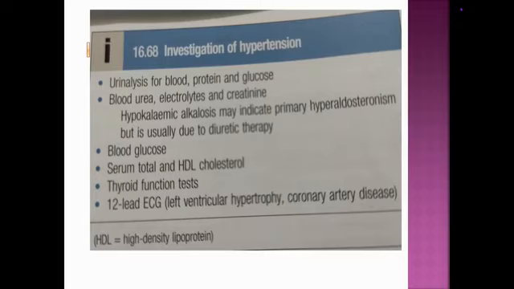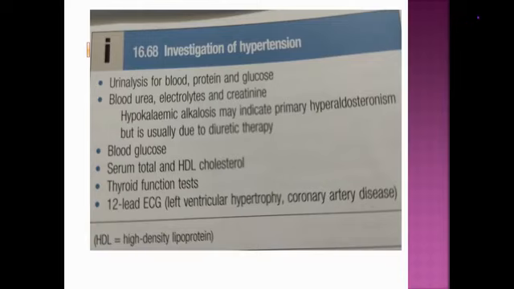ECG is a baseline investigation for any hypertensive patient. Mainly, we see here the most common finding, left ventricular hypertrophy. The most common complication of hypertension over the heart is left ventricular hypertrophy, and any T or ST changes for coronary artery disease. So these are our baseline investigations for a hypertensive patient.